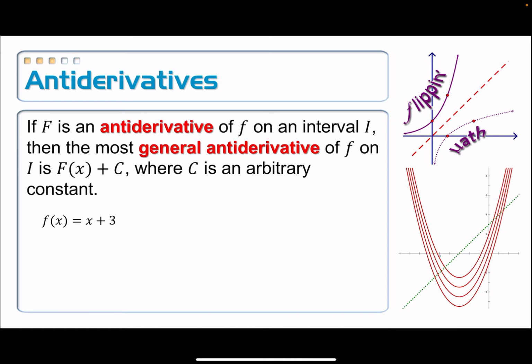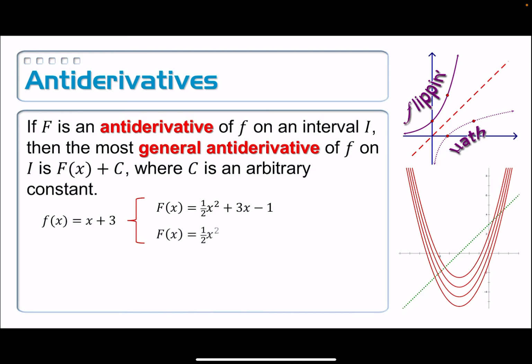Usually one of the goals is to figure out what that plus c is, and you can't do that without some other piece of information. You can't do it just straight from the differential equation that they give you. As we saw, here is a particular antiderivative, and there's an infinite number of them.